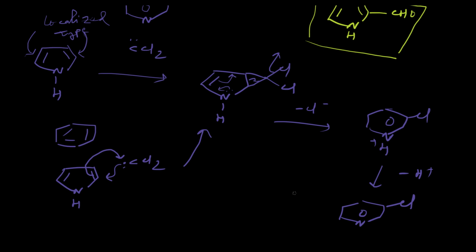So now it's clear how the 3-chloropyridine compound is generated during the Reimer-Tiemann reaction of pyrrole.